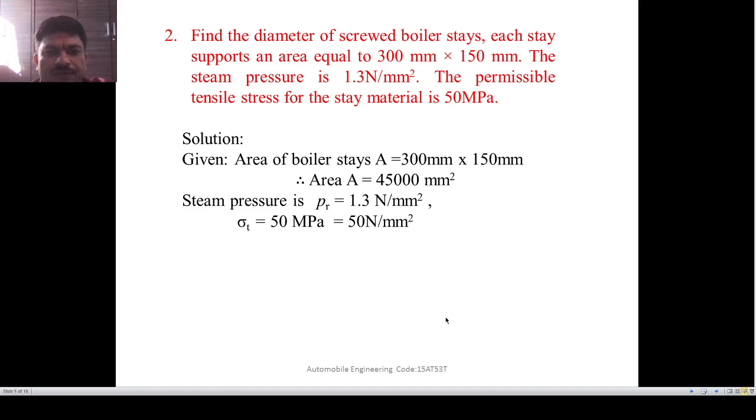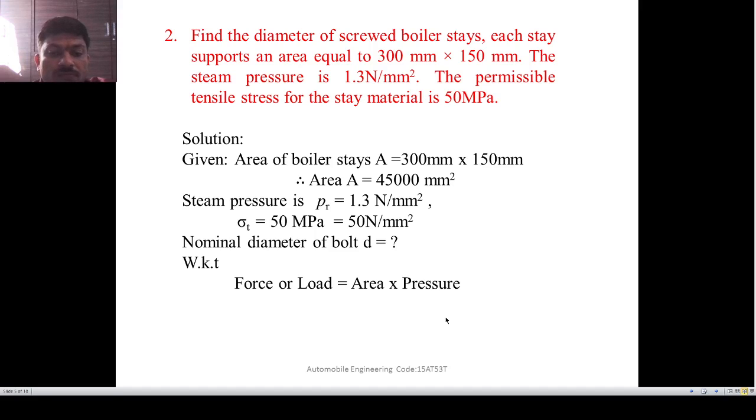Once again we are proceeding in the same manner. We already know from the basic definition that pressure is nothing but force or gas load per unit cross sectional area. Our requirement is to find the tensile load, that is the gas load, acting on the boiler stay. Therefore force or load acting on the boiler stay is equal to cross sectional area into pressure.